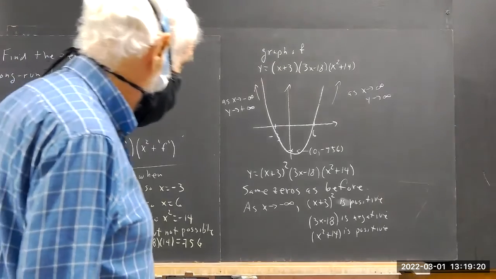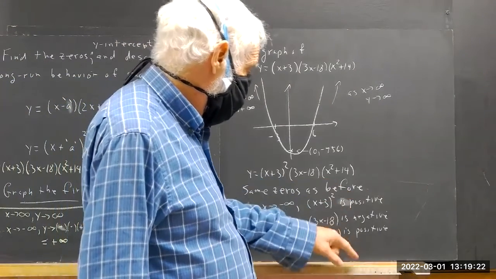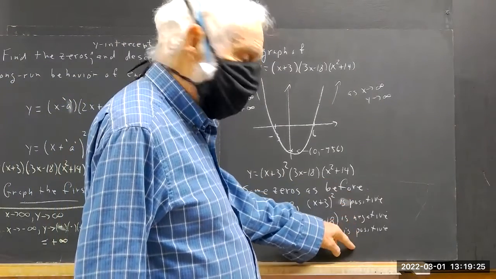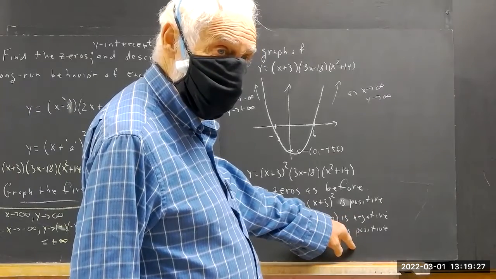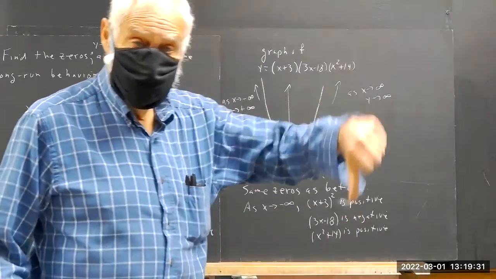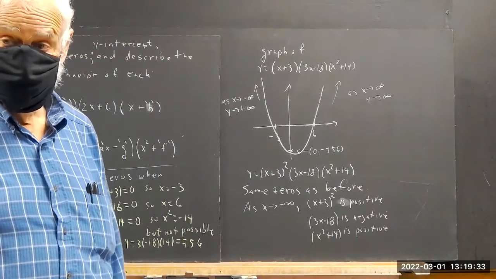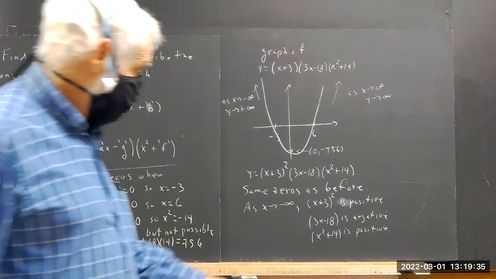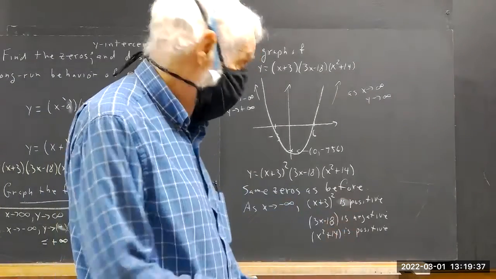So y is a product of a huge positive number, a huge negative number, and a huge positive number, right? Which is going to be positive or negative? Tell me. Positive or negative? Negative, right? Because you've got a negative times 2 positives.